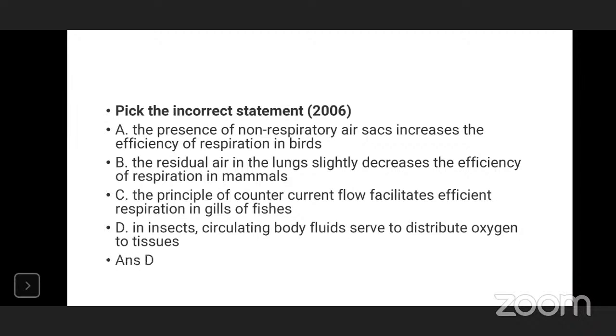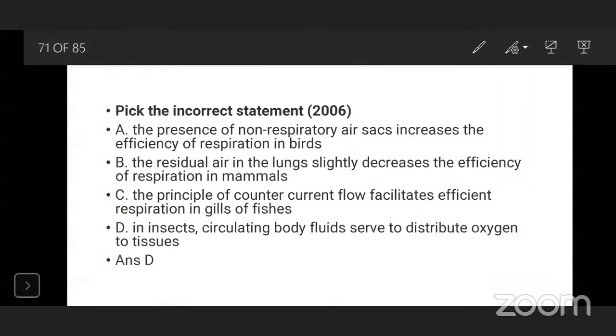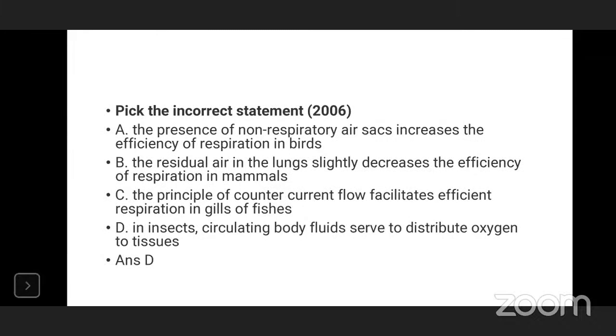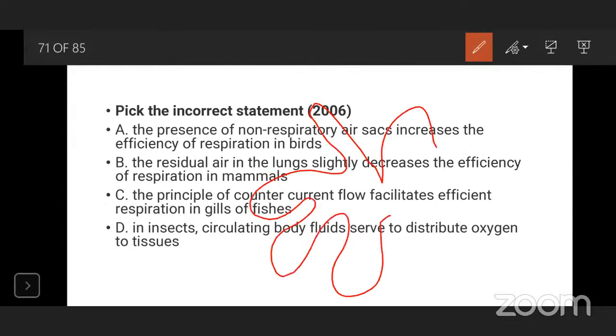Okay, so if we see here, the presence of non-respiratory air sacs increases the efficiency of respiration in birds. Birds have many air sacs, and these are non-respiratory air sacs. No exchange of gases takes place in them.